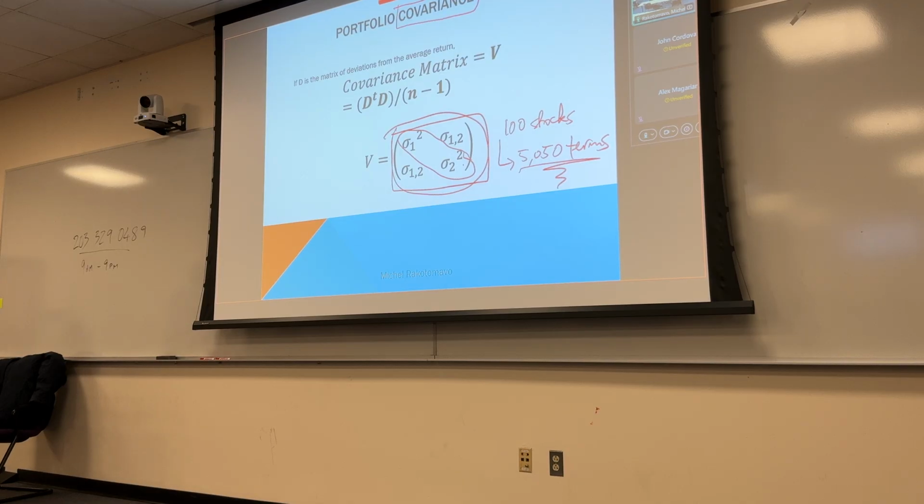Well, it turns out that if we collect all of the columns of deviations from the mean inside a matrix called D, and we'll see an example, we've already seen an example, but we never called it D. That was the example of a column of deviations from the mean for IBM, and the next column was deviations from the mean for AT&T.